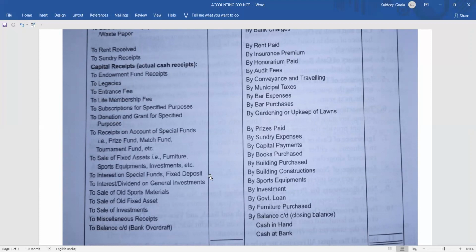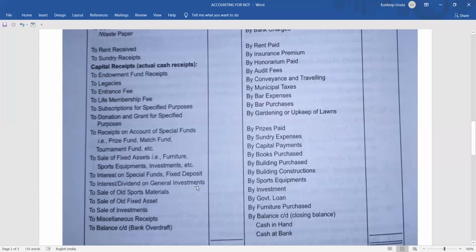This interest from the match fund will be taken as income for the match fund itself and will be taken as a capital receipt. It will be treated as a capital receipt and added to the match fund. For example, you have kept 10,000 rupees and suppose you have got 1,000 rupees of interest. So 1,000 rupees will be added to the 10,000 and taken as capital receipt. Then coming to the next one, interest or dividend on general investment.